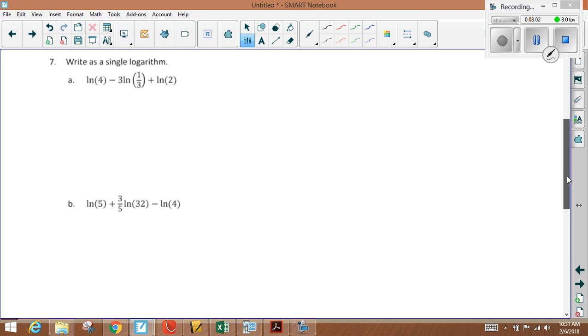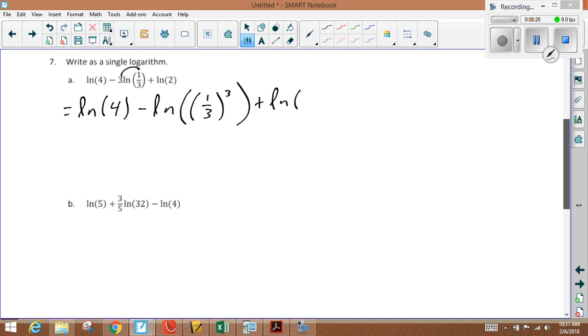All right? So, for instance, remember, if I was going to write this as a single logarithm, first thing I need to do is take any coefficients on the outside and bring them in, right? So this is going to be minus natural log of 1/3 to the 3 power, right? Just brought that in, plus natural log of 2.